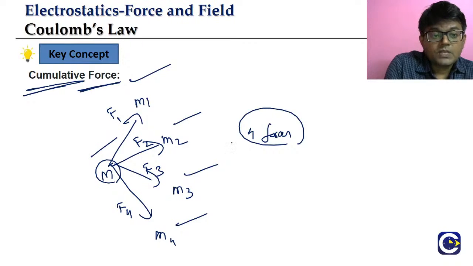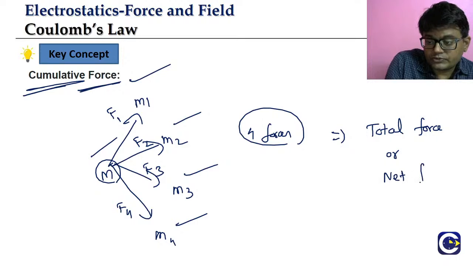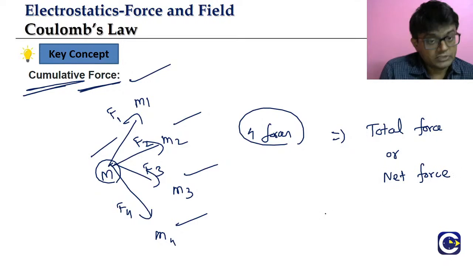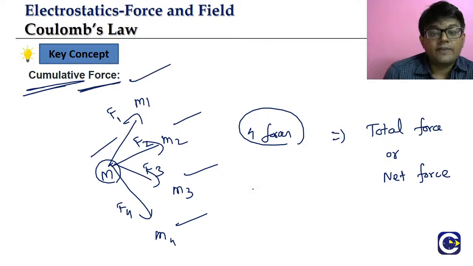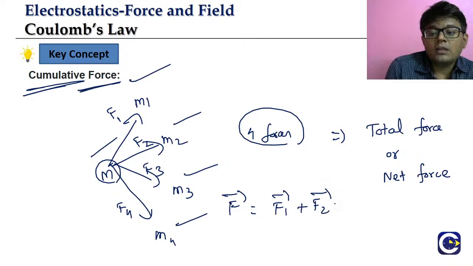Now if you are looking for the total force or net force, how do we find out that value? It is nothing but the vector sum of all the forces.